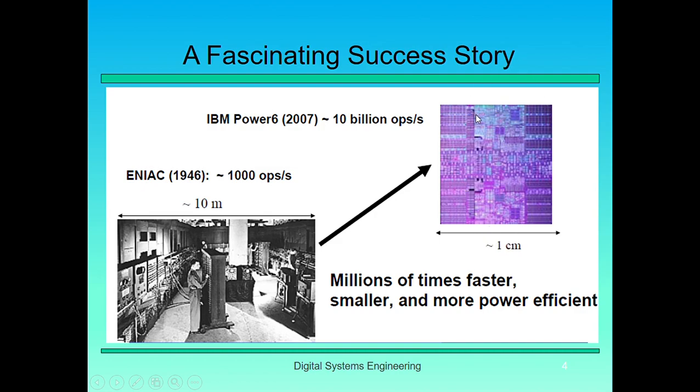That's why IBM was able to manufacture this IBM PowerPC in 2007, which can perform 10 billion operations per second. The chip's area is around 1 centimeter, while the ENIAC's is around 10 meters. So this small chip is millions of times faster than the bigger computer.